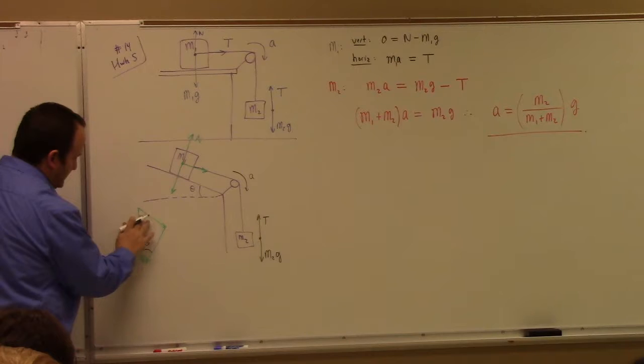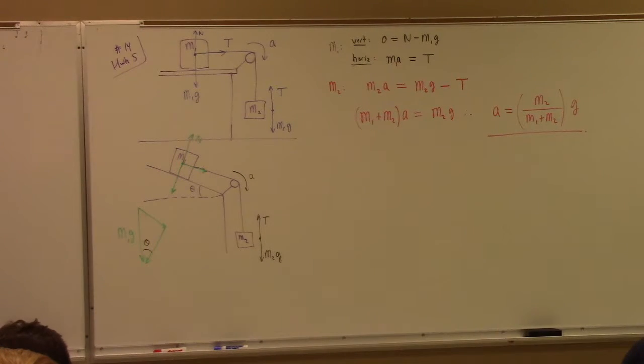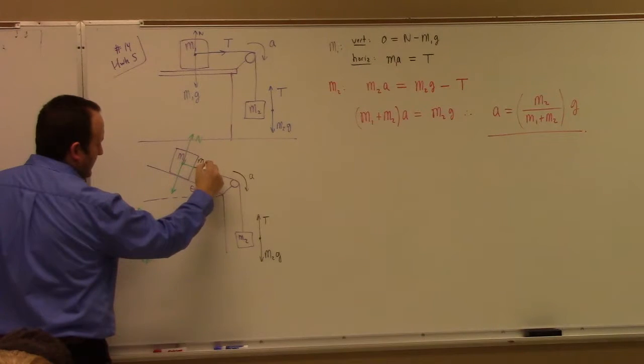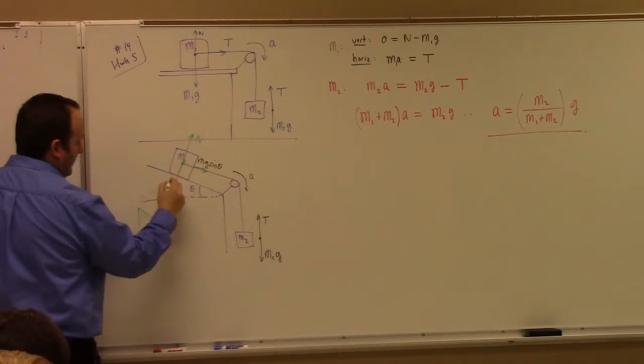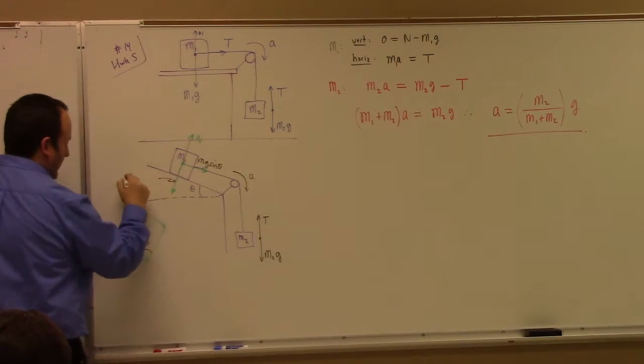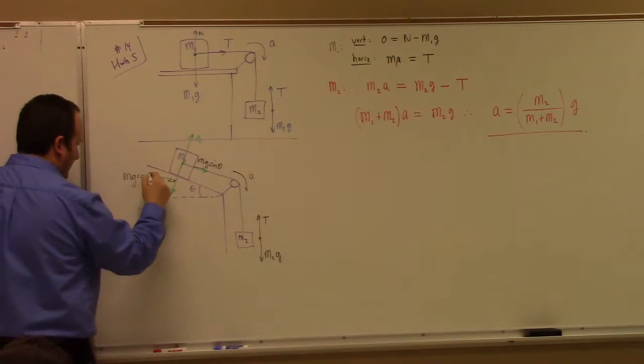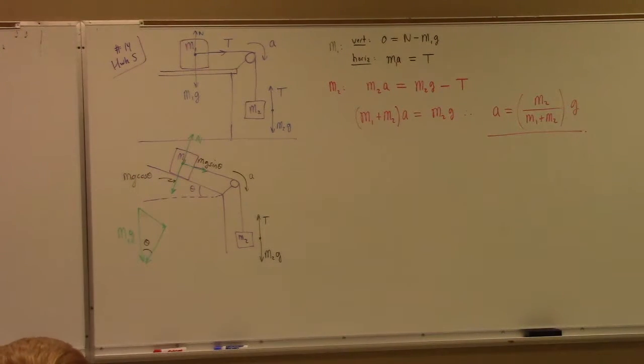Okay, we can't have both. Let's see, that would make this mg sine theta, and that would make this one mg cosine theta, right? Those are the components of the gravity force, the parallel part and the perpendicular part. You guys with me? Okay.